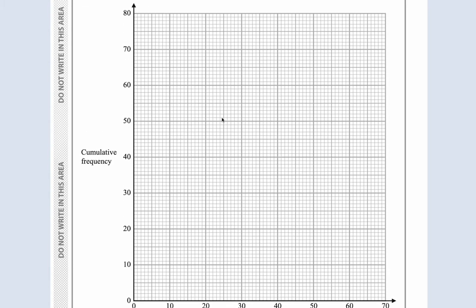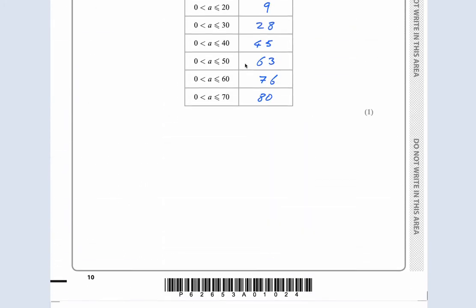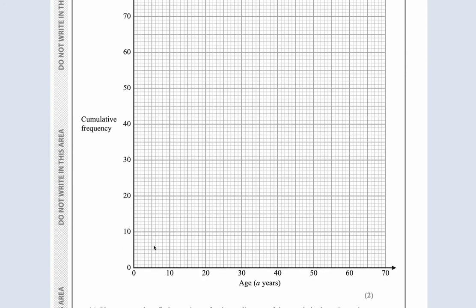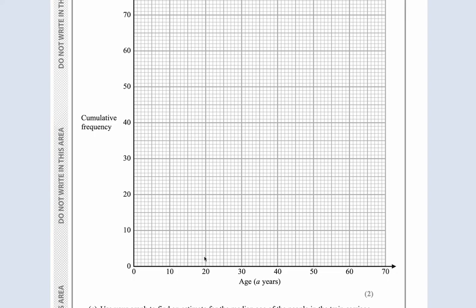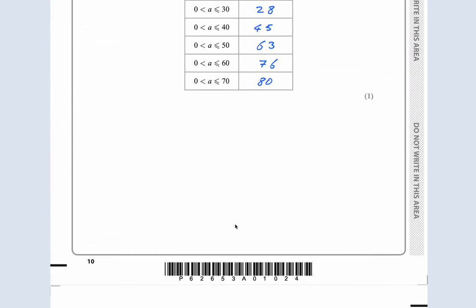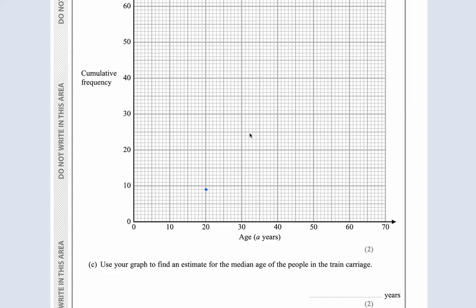Okay. Now, the first point is going to be at 20. We draw a point at the end of the class, which is 20, and this cumulative frequency is 9. So I go to 20 here and 9 here, and I put in a dot. Then I go 30, 28 here.